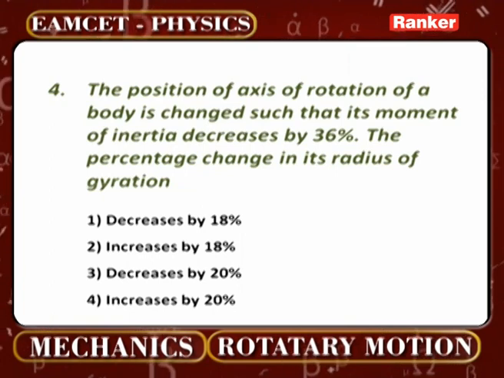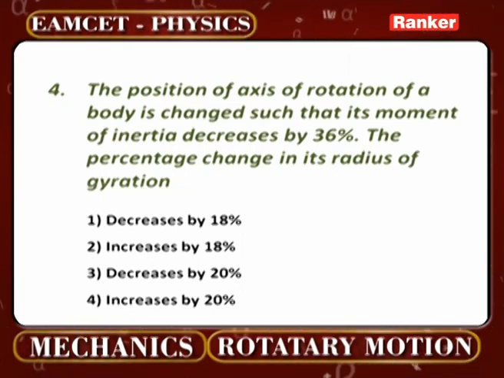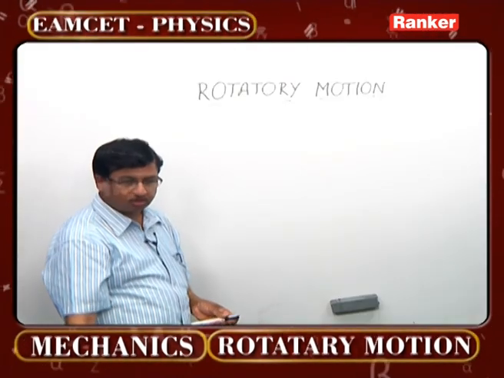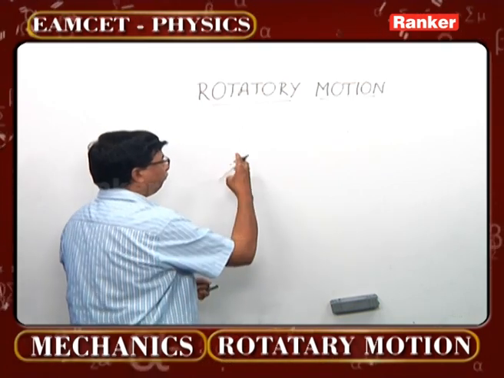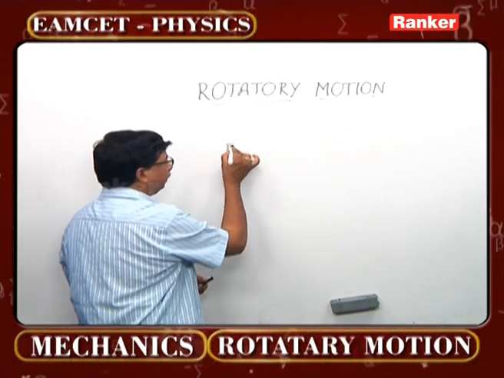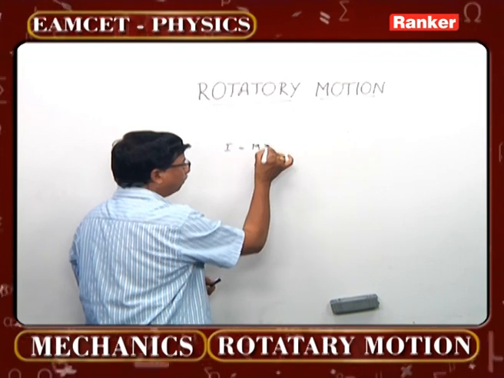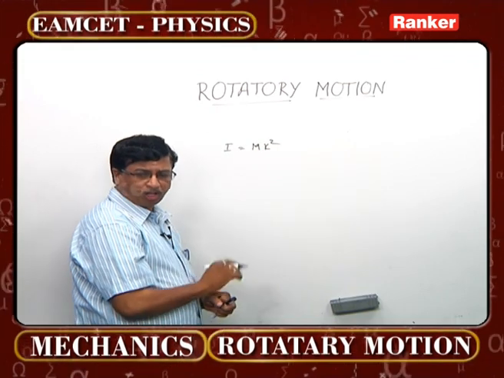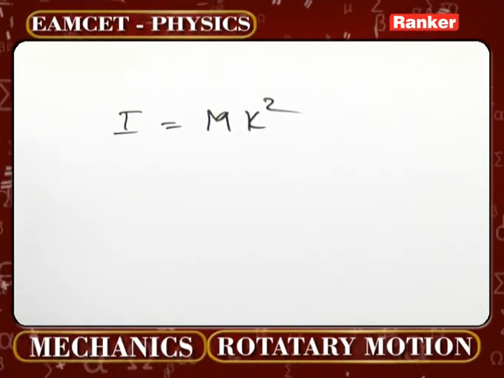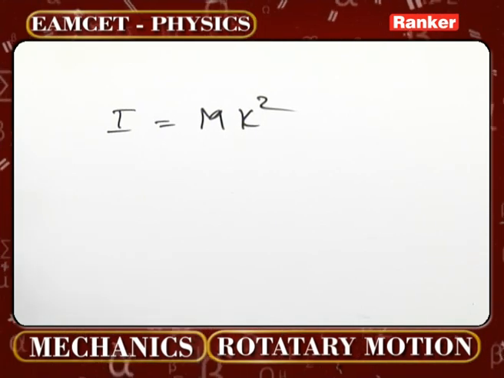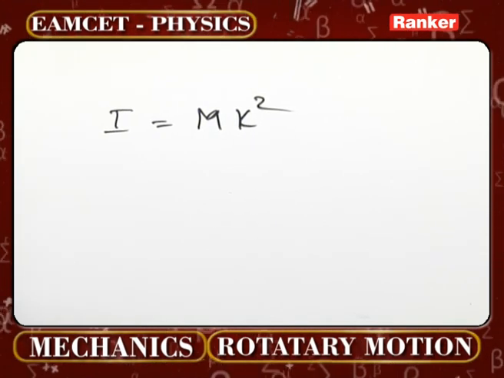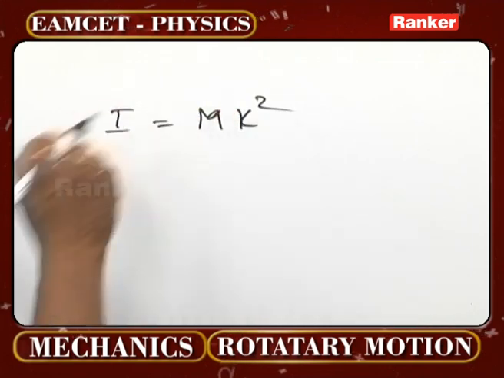In fact, we know well the concept of moment of inertia when we generally take it up. You will be finding that I is equal to m k square, the formula. We all in fact know that formula well. Now here moment of inertia decreases by 36%, and what happens to the radius of gyration?